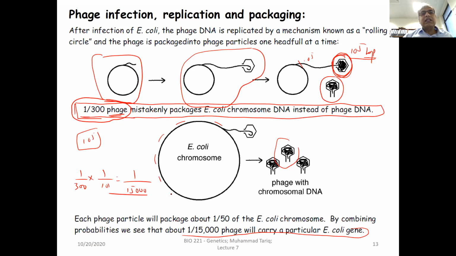In order to see the whole of the bacterial genome packaged in phage particles, we have to have a huge population of phage particles. And the probability that a phage will contain a particular part of the bacterial genome will be 1 in 15,000 phage particles.